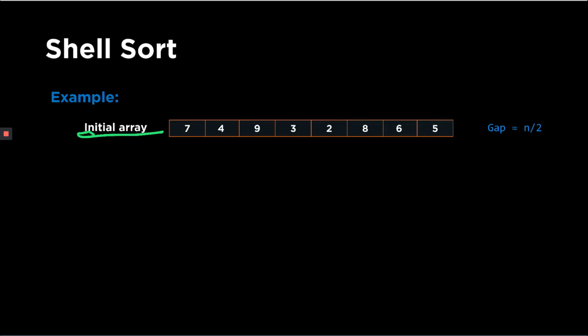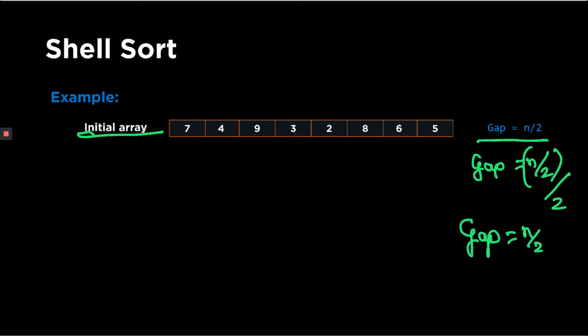For the first pass, the gap would be n divided by 2. For the second pass, it would be n divided by 2 divided by 2. And for the third pass, it would be n divided by 2 divided by 2, and then this entire thing divided by 2.